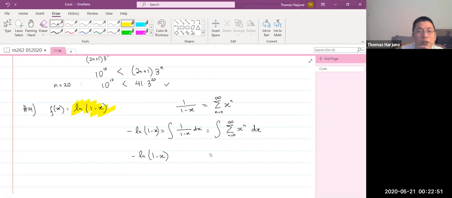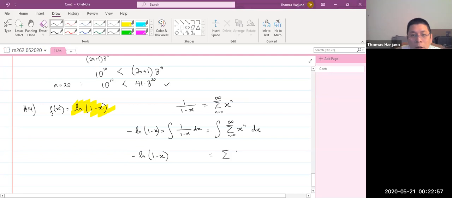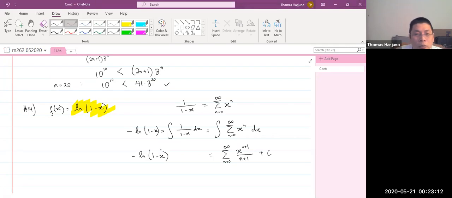Now fast forward, if I integrate this, I will get the summation of x to the n plus 1 over n plus 1, starting from 0, plus a constant, but when x is 0, you will see my c equals 0.